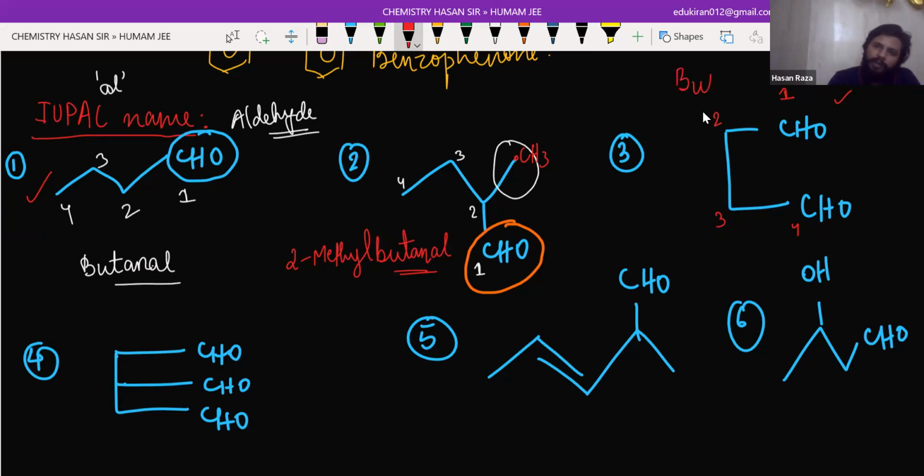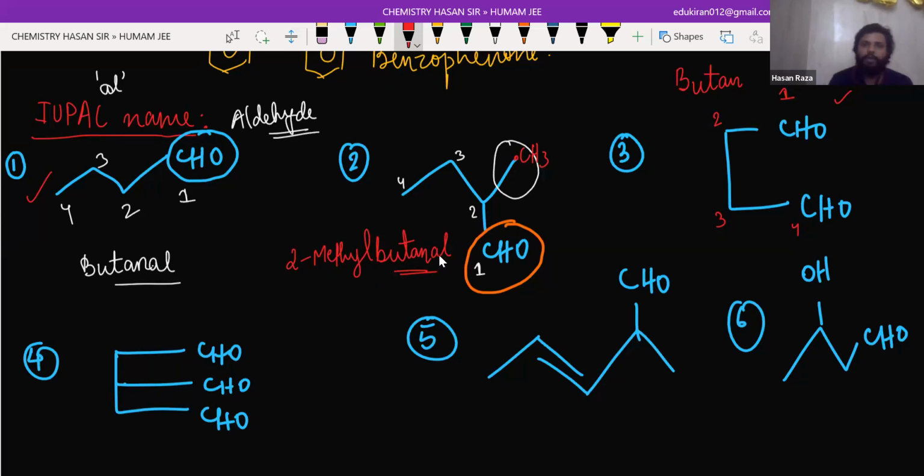That means but. Is it single, double or triple? What will be coming after but? Ane, ene or yne. Tell me, any one of you? Ane, because it is a single bond, butane.